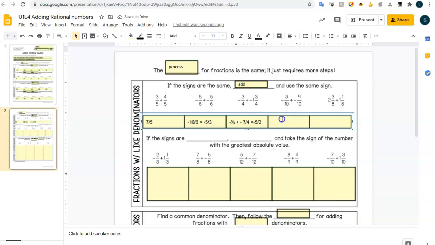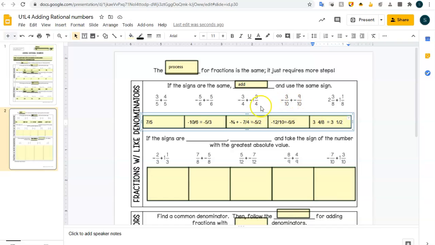The denominators are already the same. This is going to be negative 12 over 10, which is going to equal negative 6 over 5. And then here we've got 3 4/8, which is 3 1/2. Okay? So as long as the signs are the same, we just add like normal.